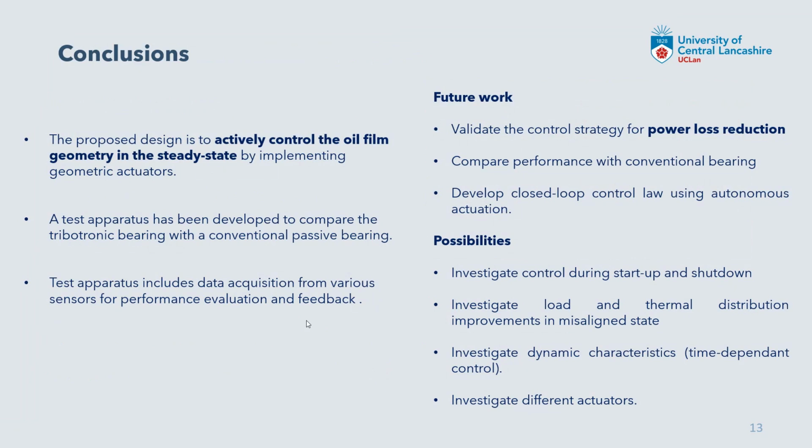The test apparatus includes data acquisition from various sensors for steady state performance evaluation and feedback for control. Future work is to validate the control strategy for power loss reduction. Comparing the performance with the conventional bearing, that's the next stage, is getting some results for the conventional bearing. And then finally looking at developing a closed loop control law using autonomous actuation.